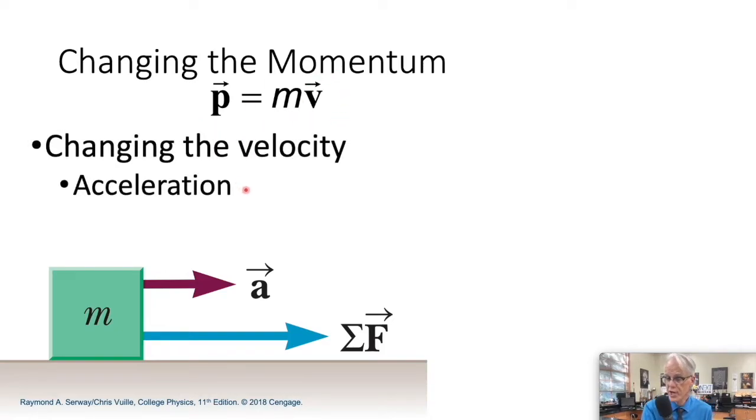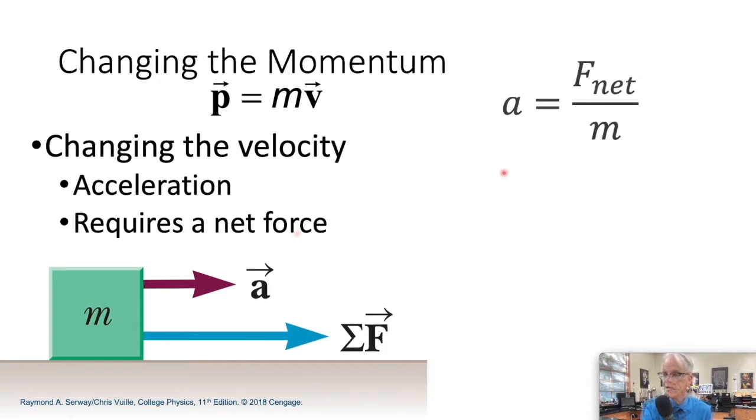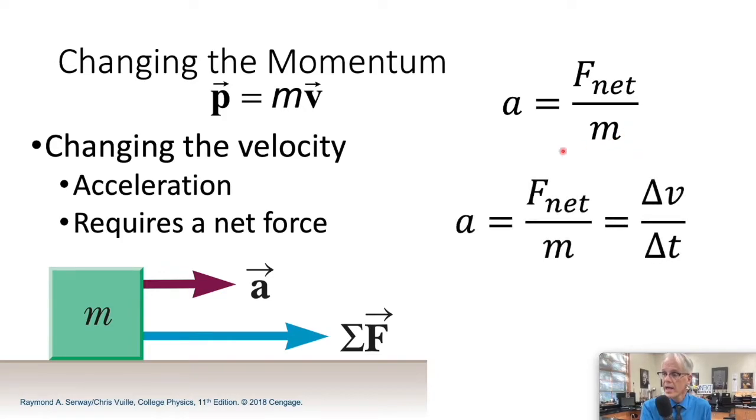The rate of change of velocity is the acceleration. Acceleration requires a net force. In other words, acceleration is the net force divided by the mass. Acceleration is also the rate of change of velocity.